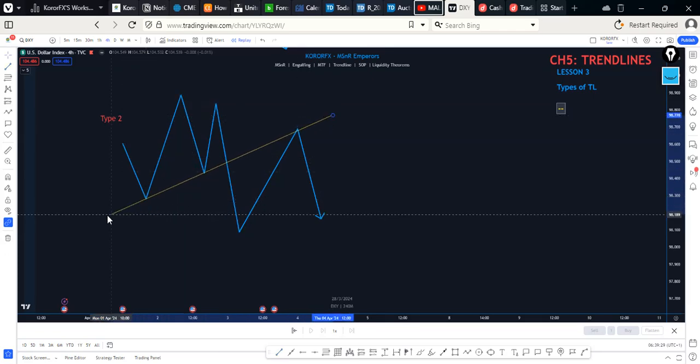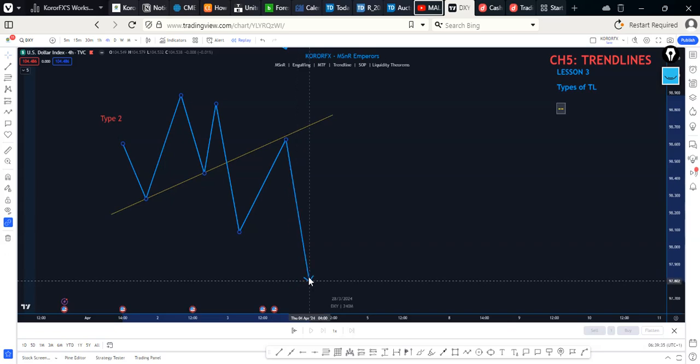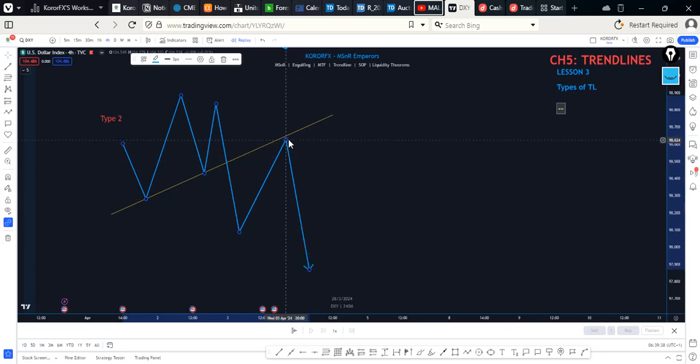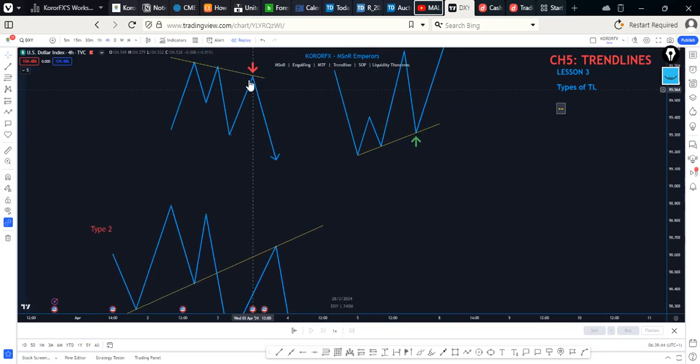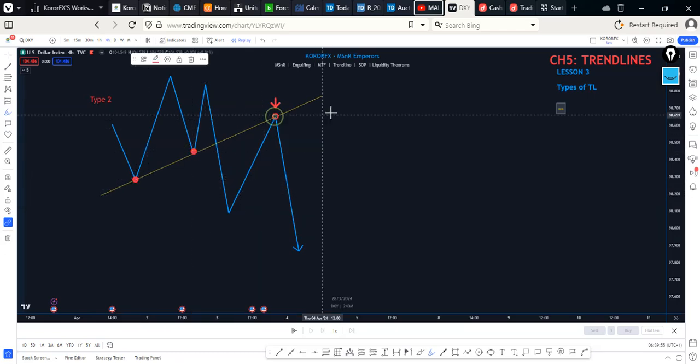But always you must think about point 3 to be in line with SNR for confluence. You have learned about confluences in video 2. This point is where we want to really sell off, because we have 3 touches, and the last touch is our point of decision.